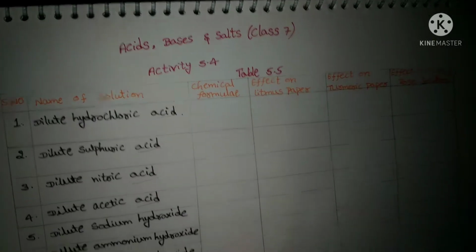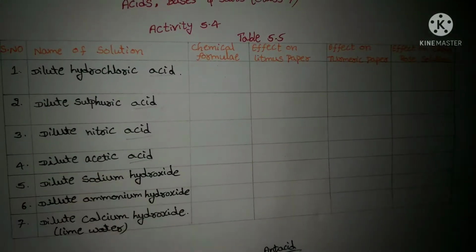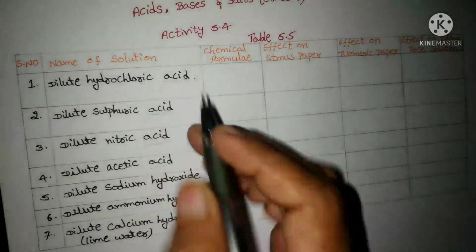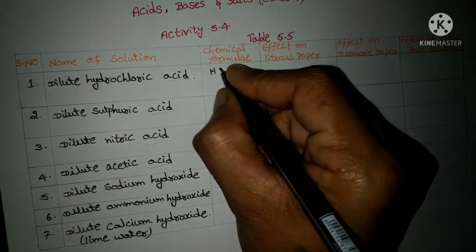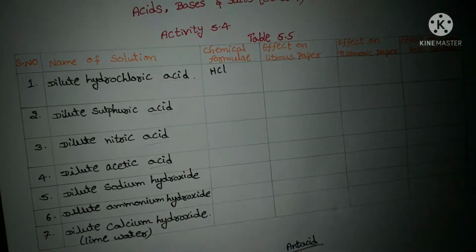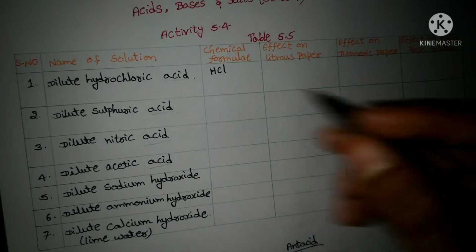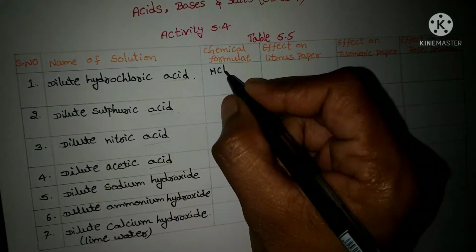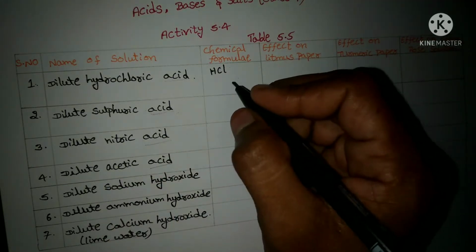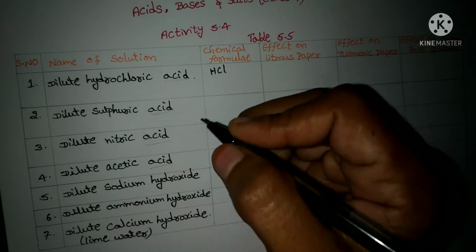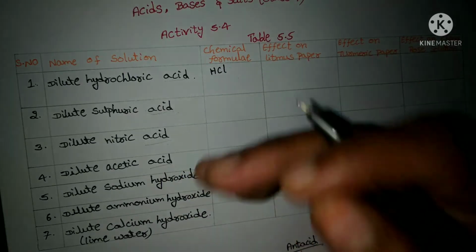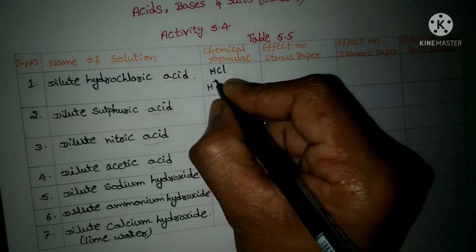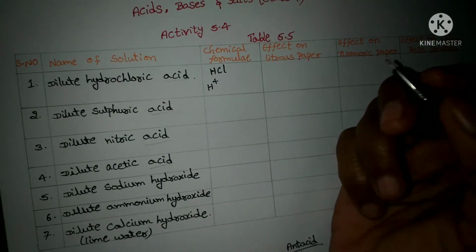One more definition I would like to give, for acid as well as base. For example, hydrochloric acid. What is the chemical formula? Do you know? It is HCl, hydrochloric acid. Now, all acids, when they are in aqueous solution, that is, when the acid is dissolved in water, release H plus ions.